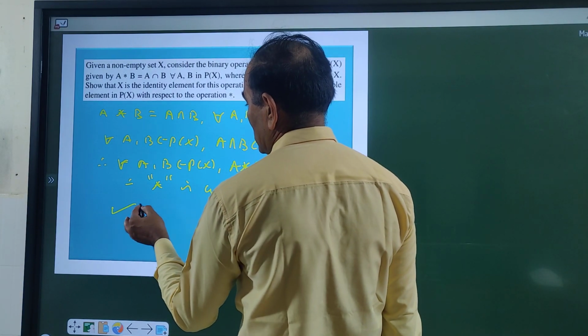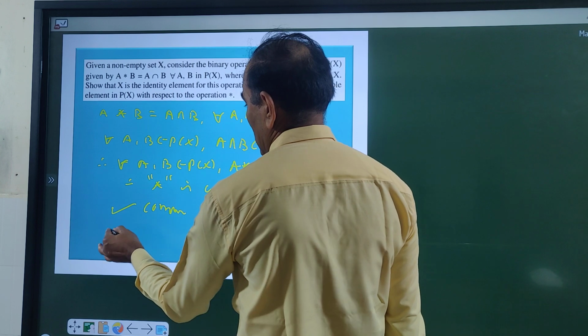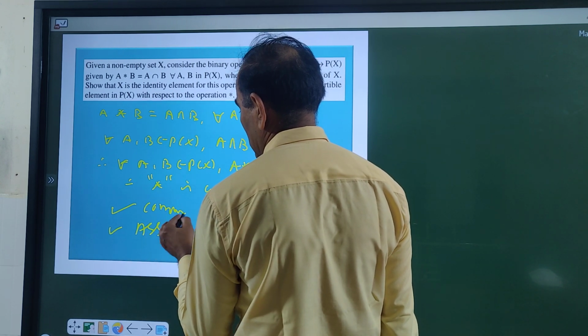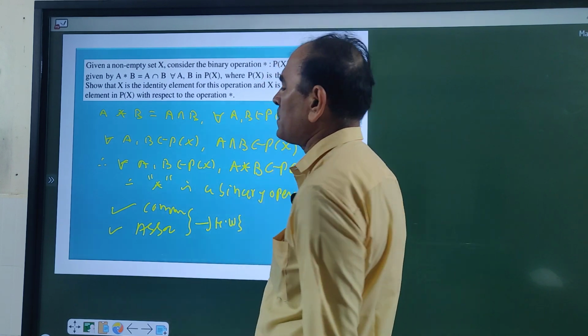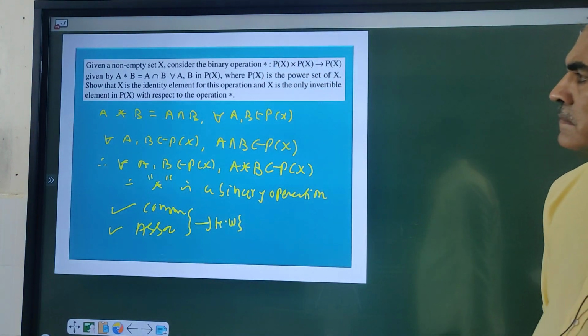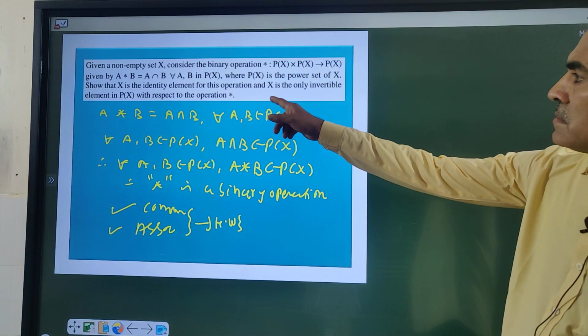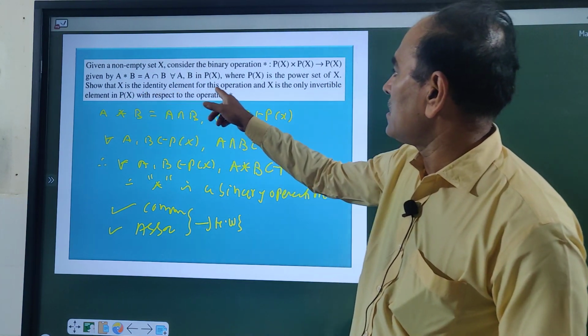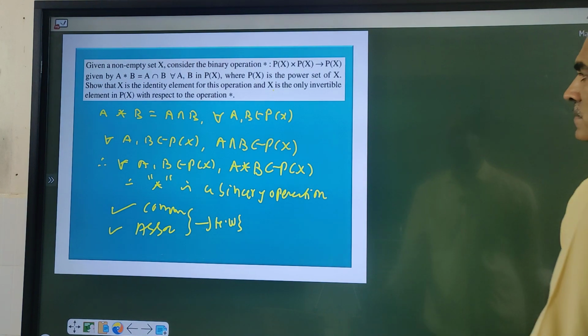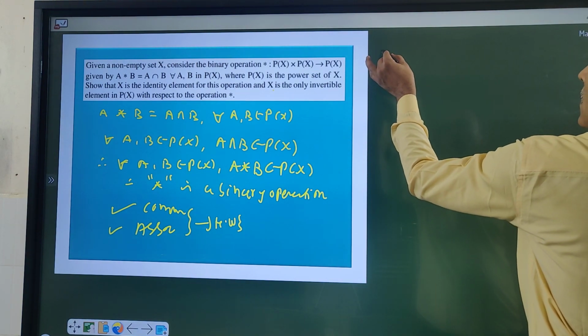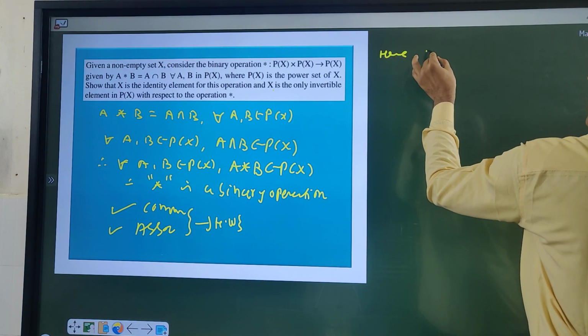This binary operation is commutative as well as associative. So I am leaving these two parts for you. Of course, here it is an extra part, but do this thing. Next, show that X is the identity element of the operation. Now please see here.